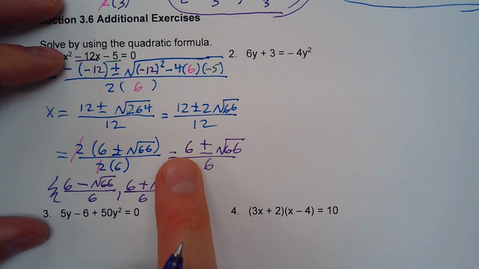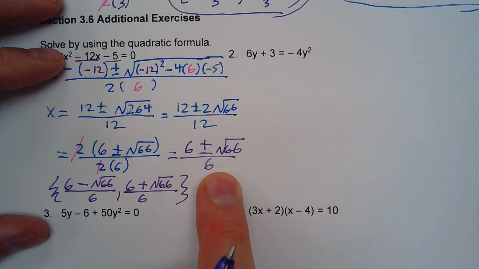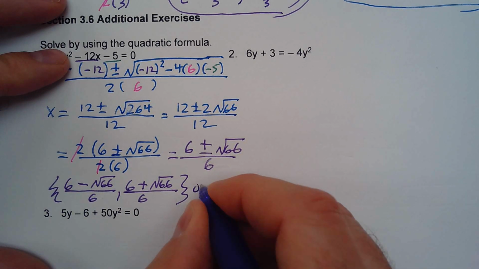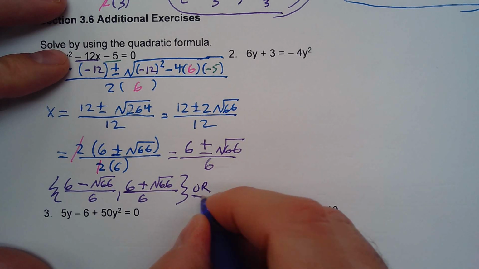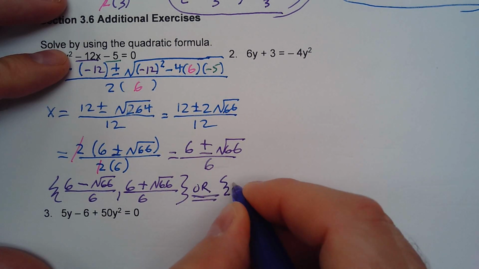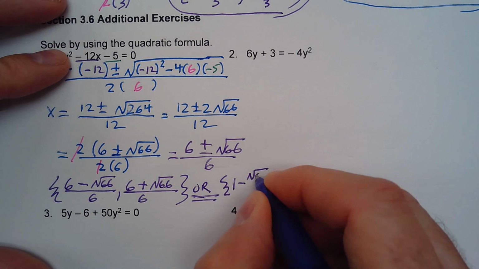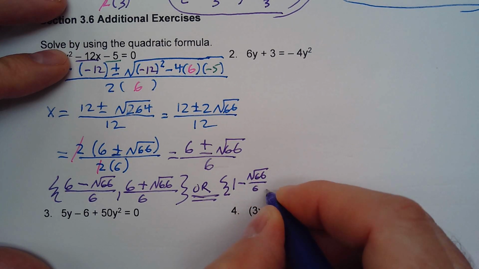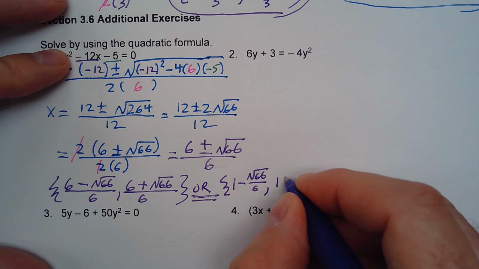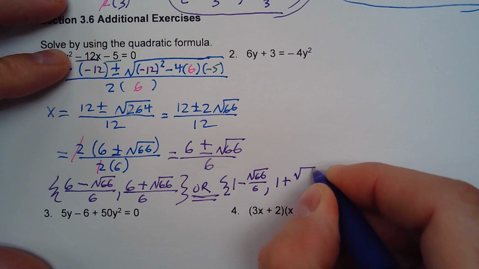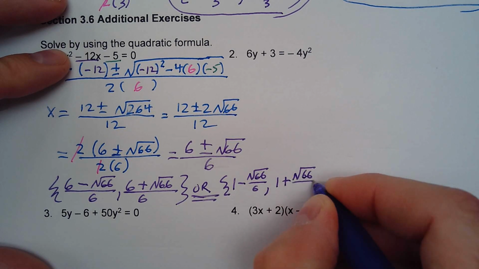If I wanted to do that, I have to write it as separate terms. So if I did do that, then I can write that as 1 minus square root of 66 over 6, and 1 plus square root of 66 over 6.